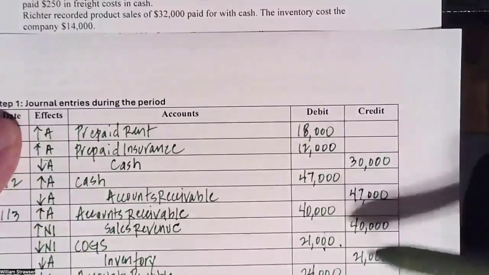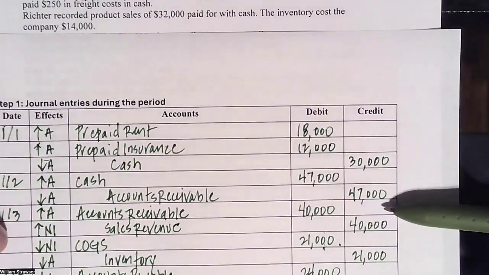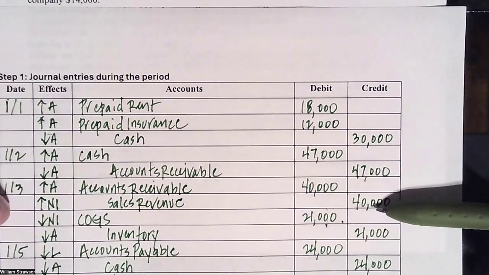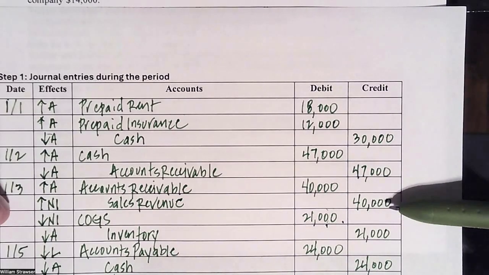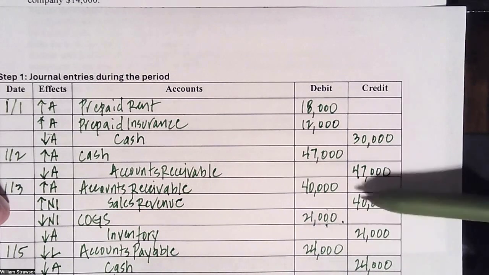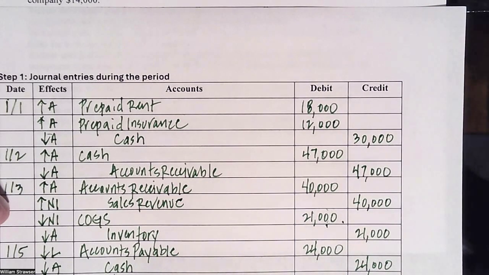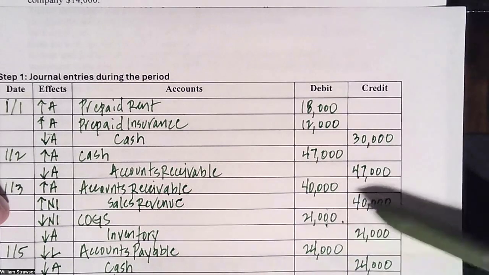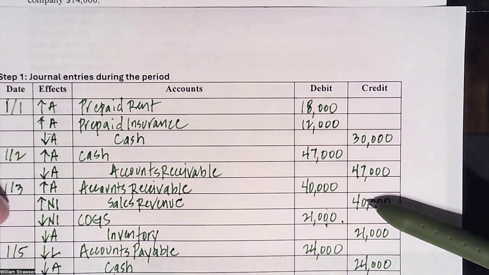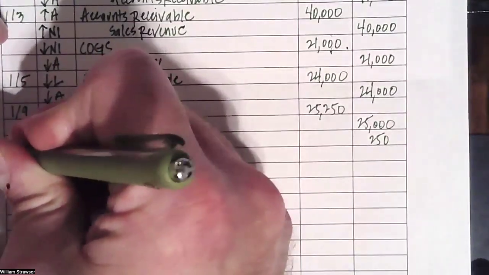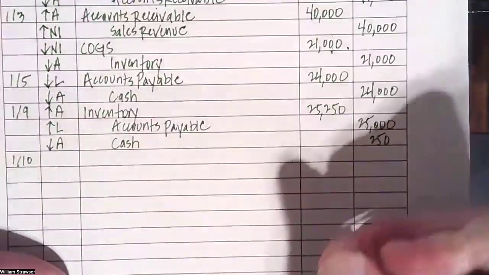So it's going to be very much this series of two entries where we recognize the revenue from providing a good in this case and have that reasonable expectation because we collected cash instead of accounts receivable. But then we also have to match the cost of the inventory to the revenue that we just generated from selling it. So it's going to be the same two with slightly different accounts.